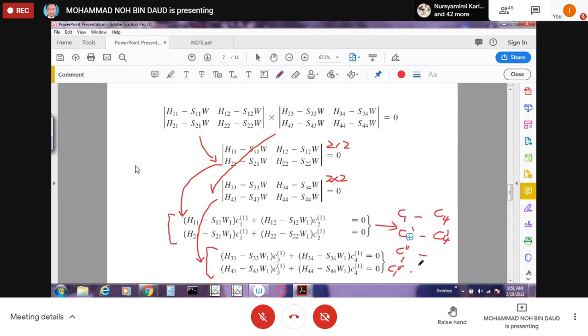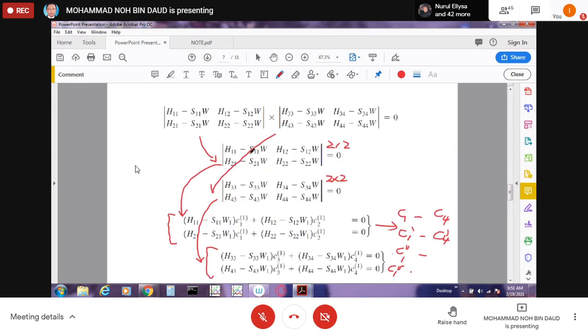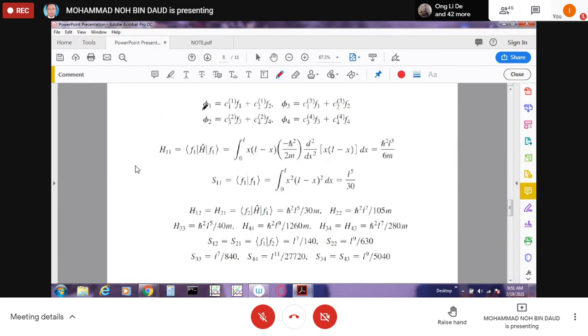So we get these four sets of coefficients. For pi 1 with n basis functions, we get the trial function, the wave function we want to get, with four sets of C1 and C2.